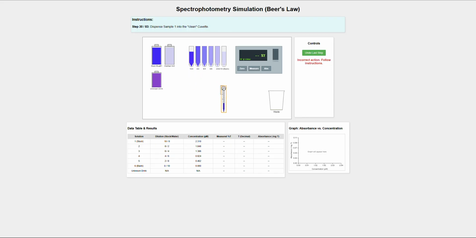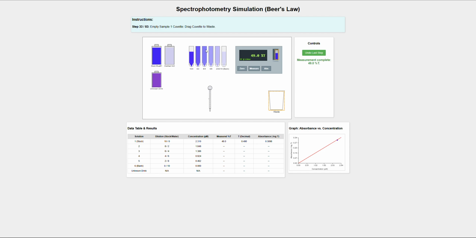Here goes the 10 milliliter. This time we click measure. Boom, 49%. Now if you notice down here, we get a graph with a linear function already on it.